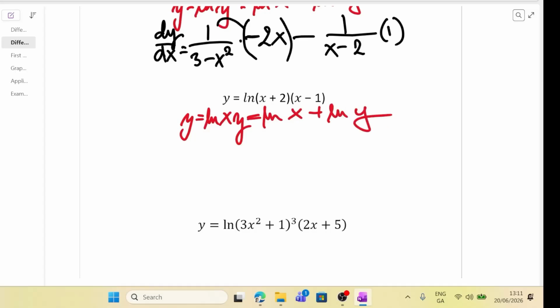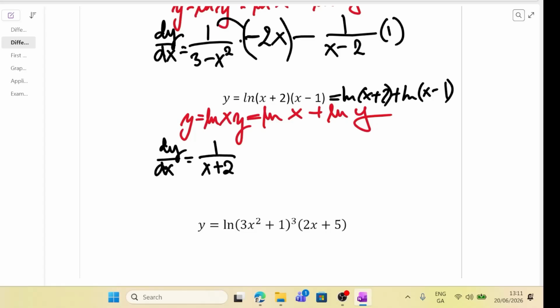So that's what I'm going to do over here, and I get natural log of x plus 2 plus natural log of x minus 1. Let's differentiate that. So dy over dx is just 1 over x plus 2, times 1, plus 1 over x minus 1, times 1, which gives you the same thing. So you can see that knowing all the rules of logs and exponents can simplify something like this a lot.